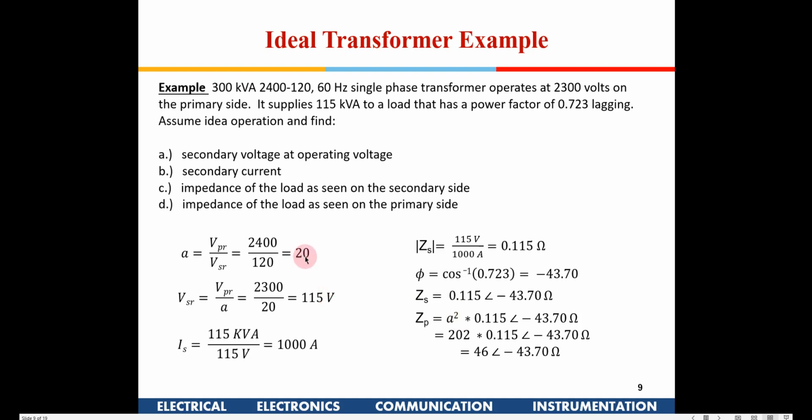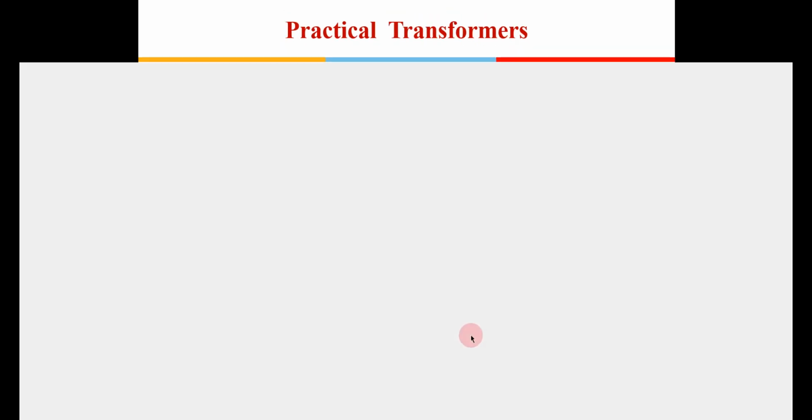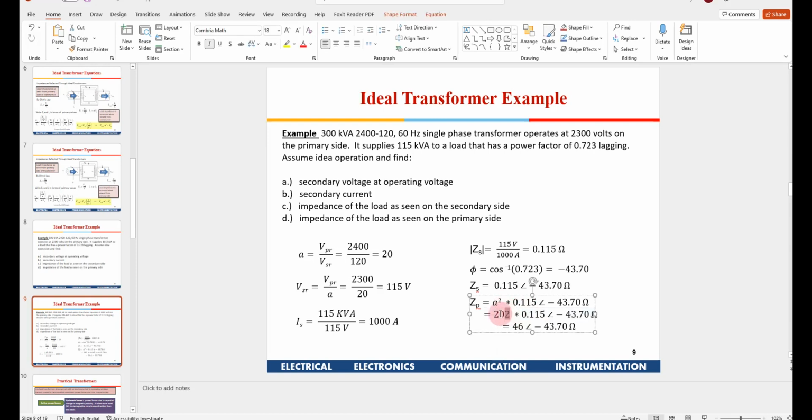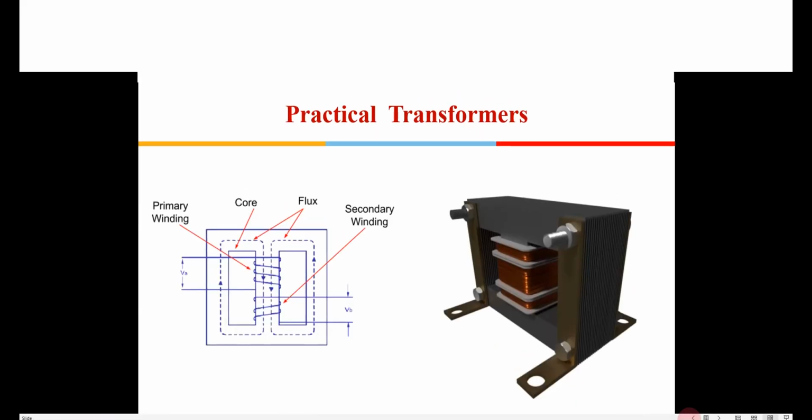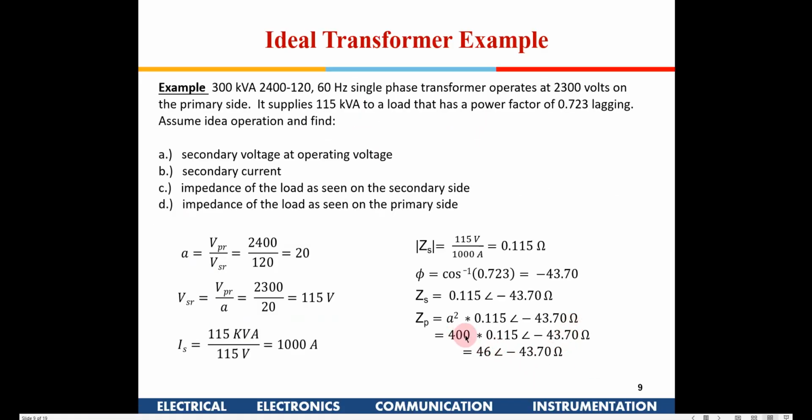A was 20, so A squared should be 400. So 400 into this, will it come to this? I guess so. Okay. So this is how you find the primary impedance.